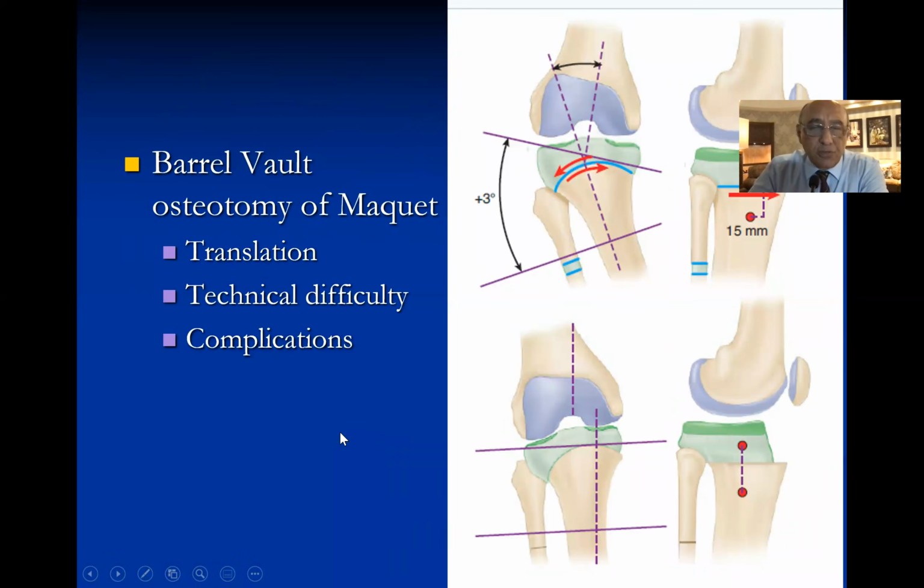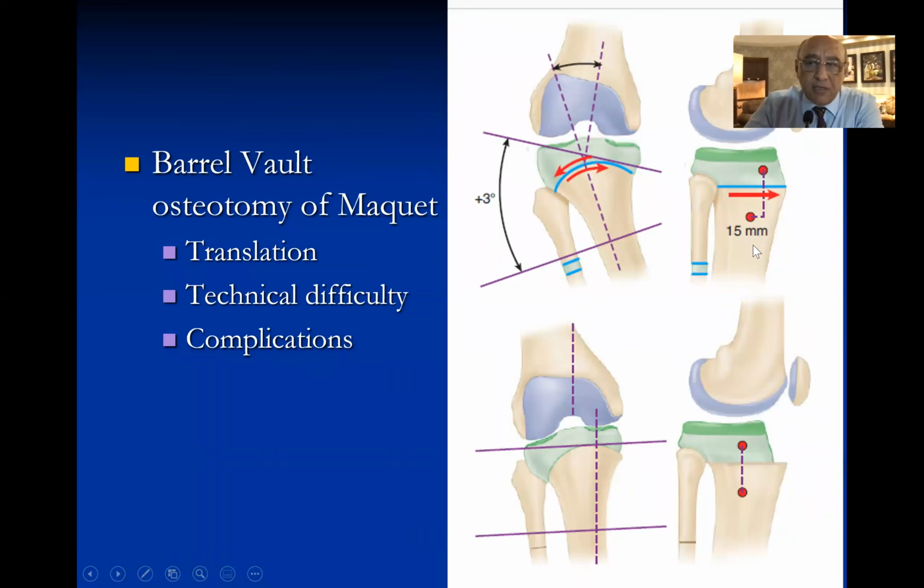The barrel vault osteotomy of Mackay depends on arc osteotomy around a center. It allows anterior translation of the tibia, but technically it's difficult and its complications can be serious. And I think it has fallen out of favor now.